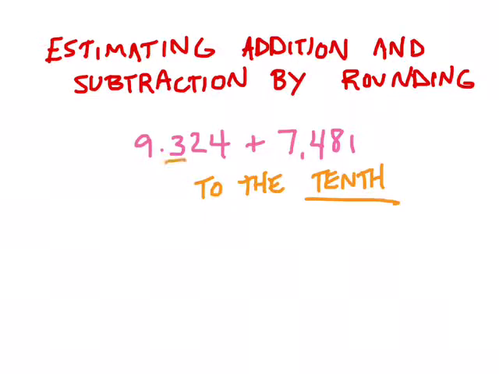So 9 is going to be rounded to the tenths place, 7 will be rounded to the tenths place, and again, for each of these, I'm looking at the number to the right. 2 is going to tell me to round that number down, whereas 8 is going to tell me to round this number up.